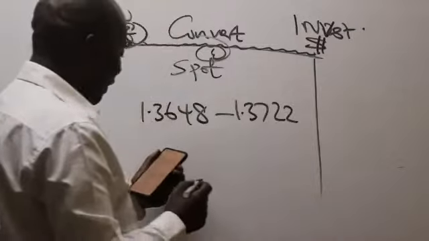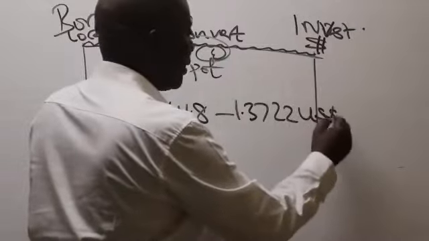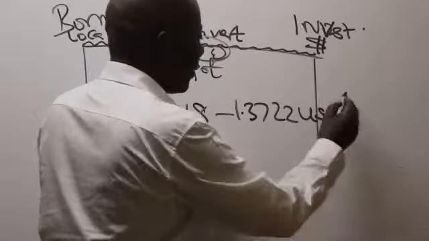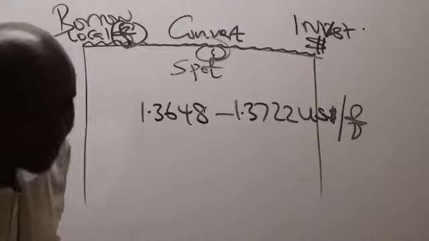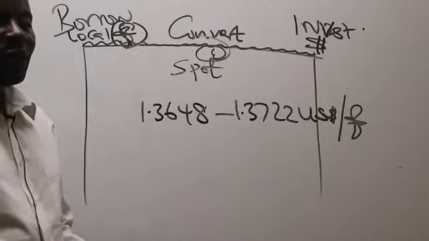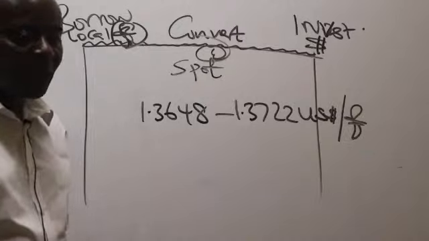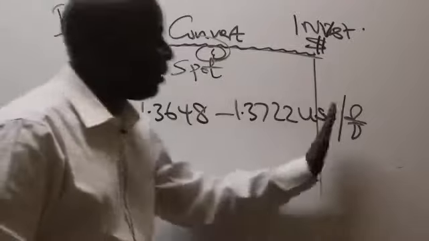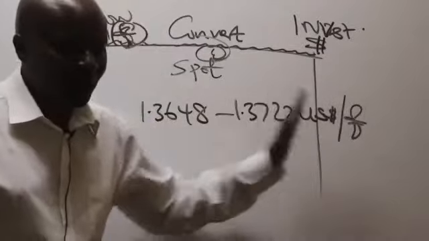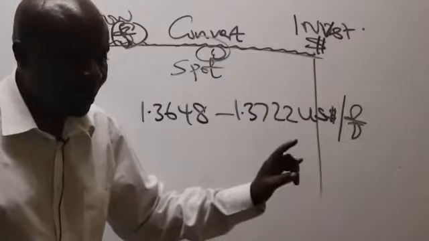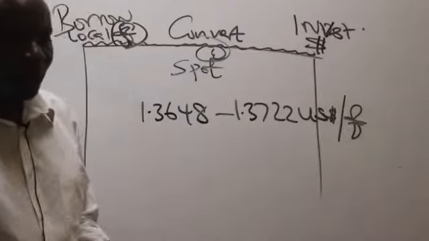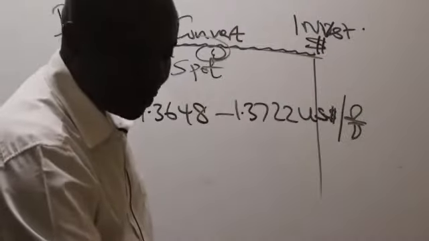Now, ladies and gentlemen, listen. This is US dollar per pound. So where is our home currency? Our home currency is the pound, this side. There is somebody who needs to mute. Home currency, feedback noise. Mute, guys.